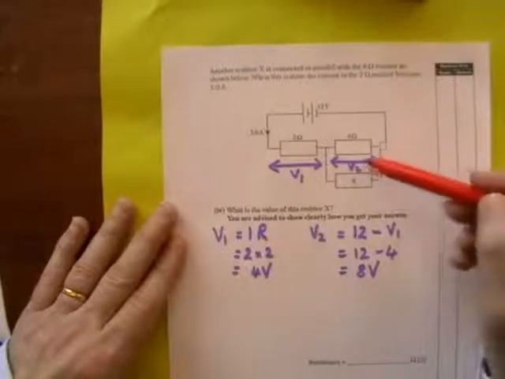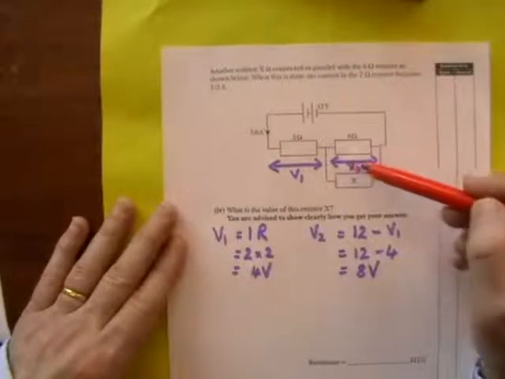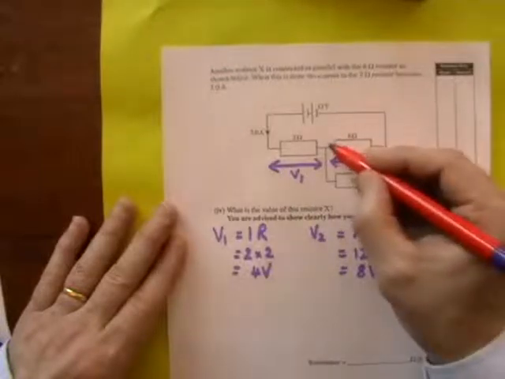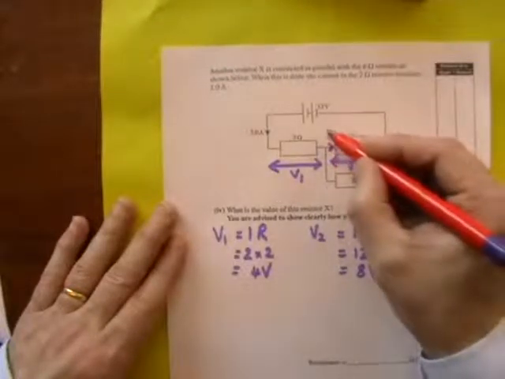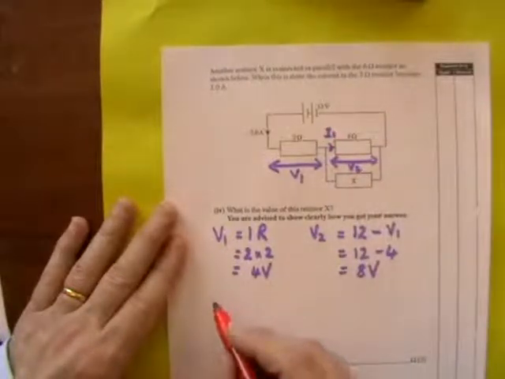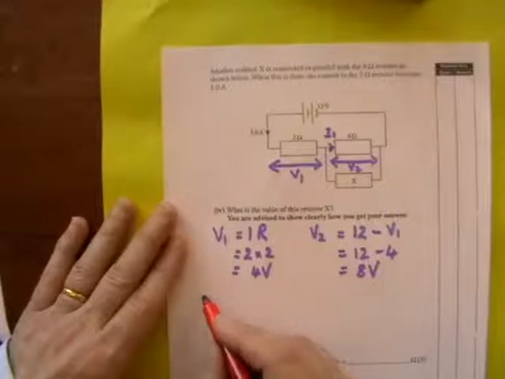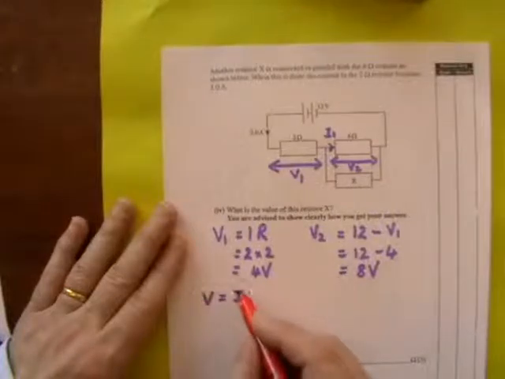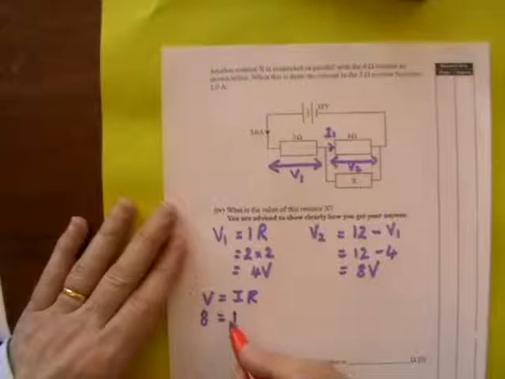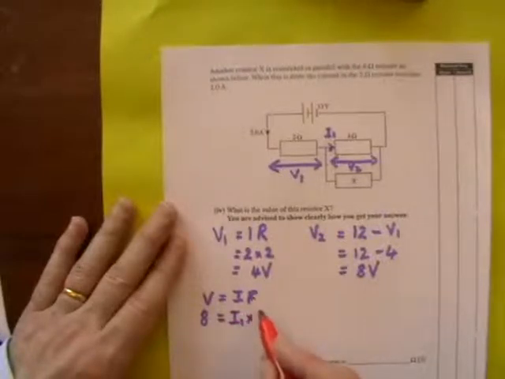So now there are a couple of ways I can do this, but I'm going to just take this 8 volts and 6 ohms and work out the current that flows into the resistor here, which I'll call I1. So if V equals IR, then I have that 8, the voltage, is equal to I1 that I'm looking for times 6 ohms.